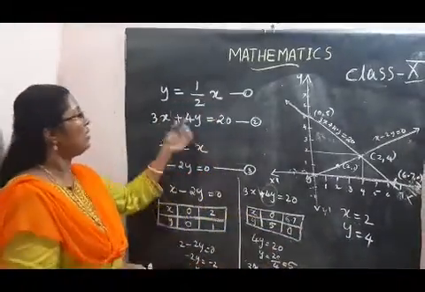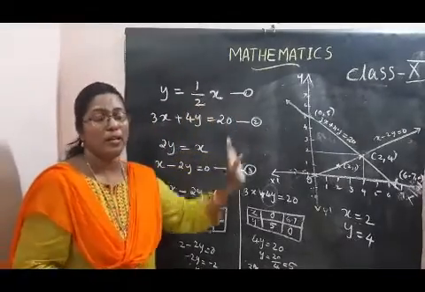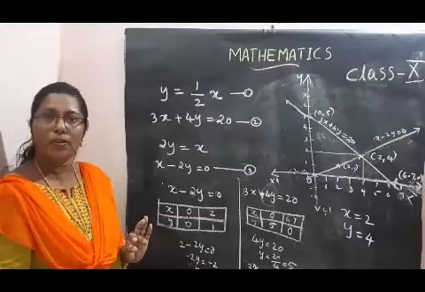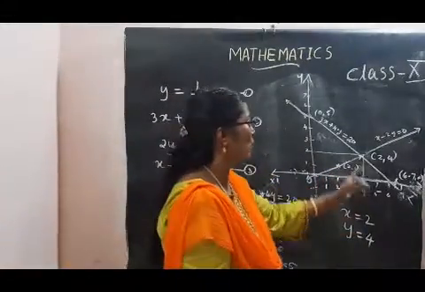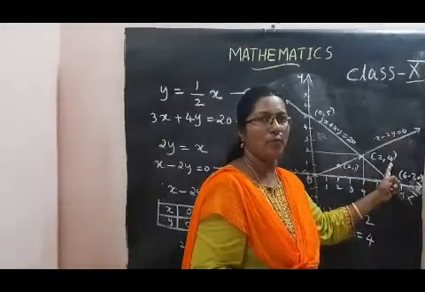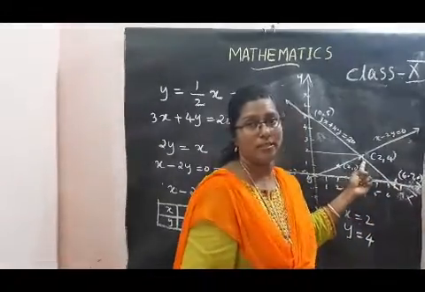You can verify by substituting x and y in both equations, and we get the right hand side. Okay, this is the solution. The graphical representation, the solution is x equal to 2, y equal 4. It is an intersecting graph.